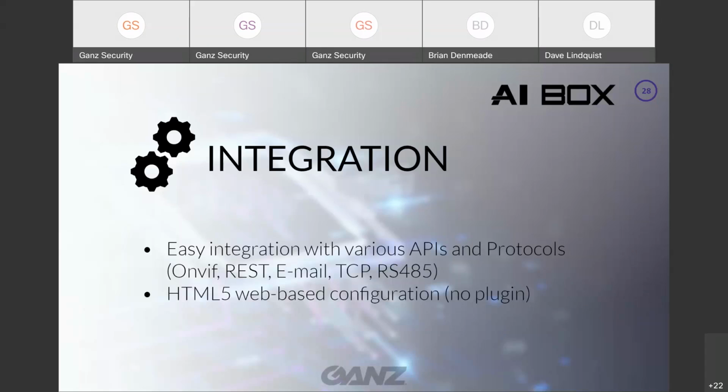So on the integration side, it's easy integration with various APIs and protocols. We can use ONVIF, we can use REST, we can use email notification, which is quite frequently used. We can use TCP, we can use RS-485. Being that it's HTML5 based, we can certainly help configure with no plugin needed.